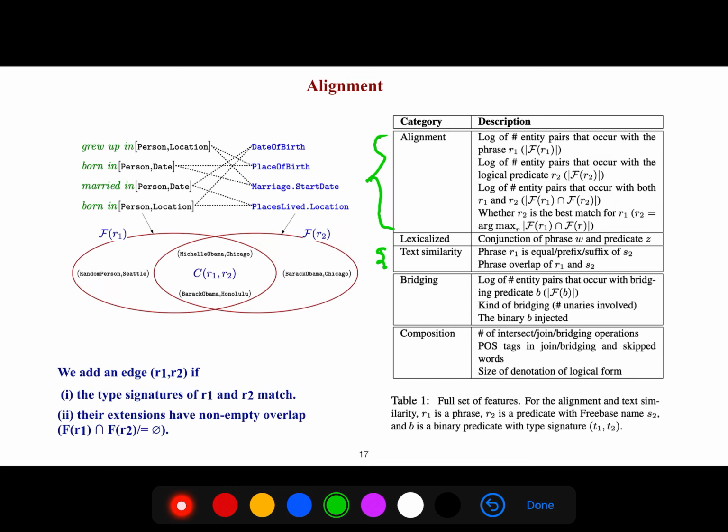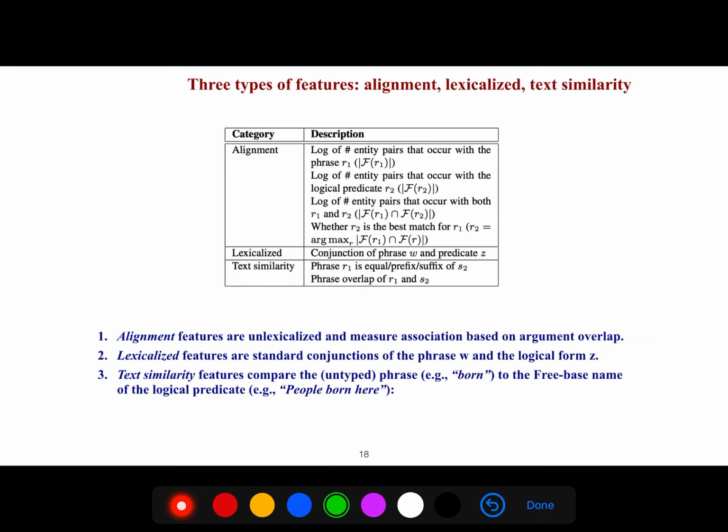But when the ambiguity is really high, then we look at the bridging technique and even composition, which is the highest. Bridging has more ambiguity, and then maybe composition, and then text, lexicalized, then text similarity, and then alignment. So alignment is the simplest way that comes to mind, because there is a very obvious way to do that.